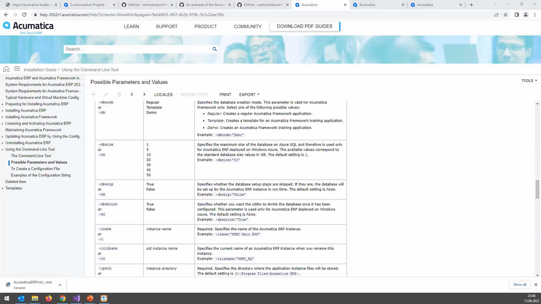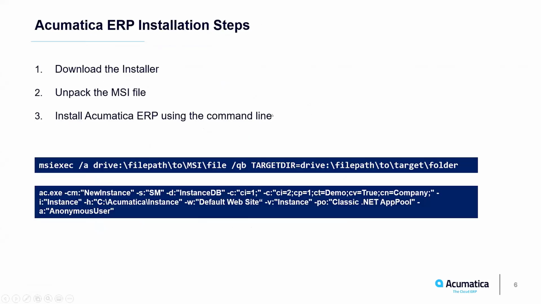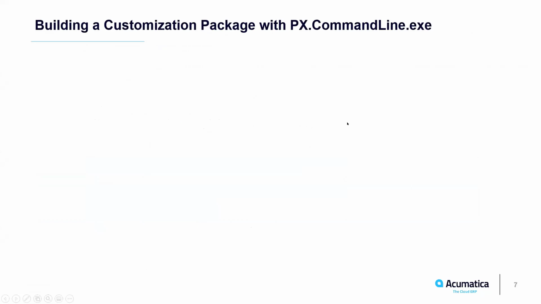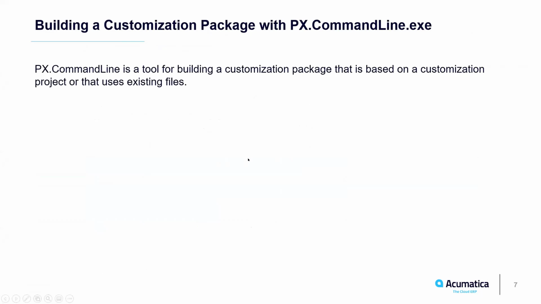Okay, so once we are done with the installation of Acumatica, it's now time to have a customization package ready. For this, we will use the PX command line tool that is distributed with every Acumatica ERP installation. This tool is there to build a customization package out of the files that were exported from a customization project.